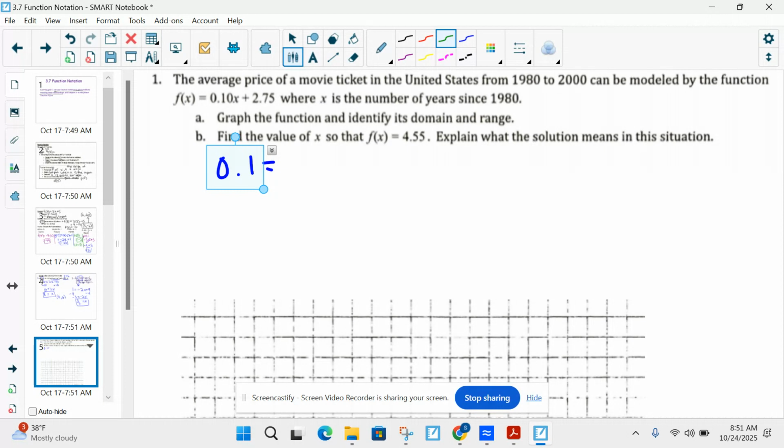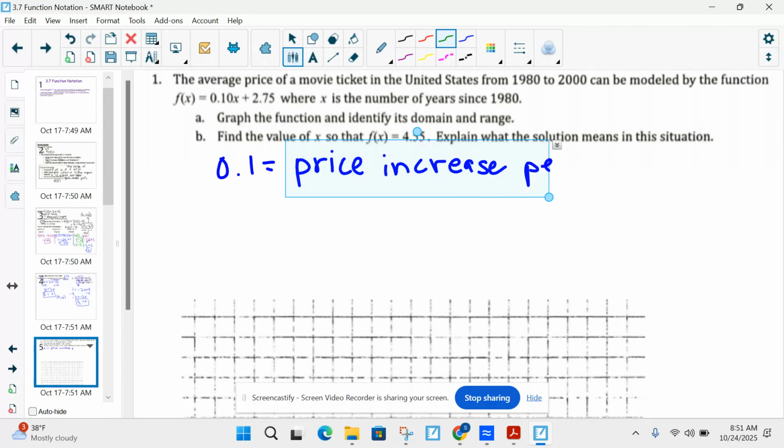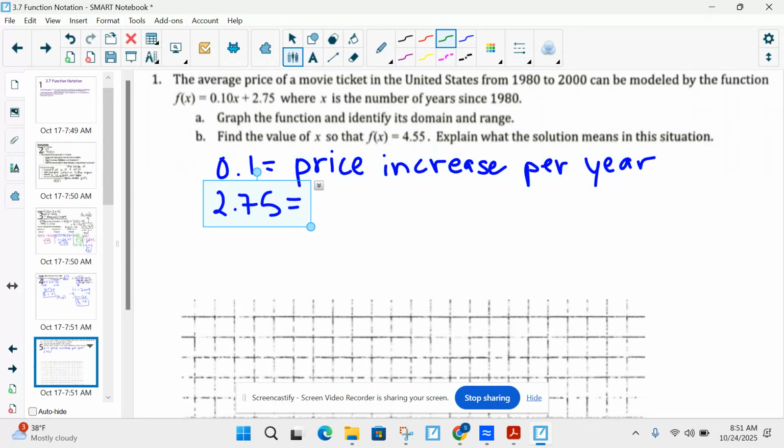Yes, how much the price is increasing every year, because it's the slope. So the price increase per year. So it's increasing by an average of 10 cents per year. It's not exact, it's just like a line of best fit, you know. And then what does the 2.75 represent? What does that represent?